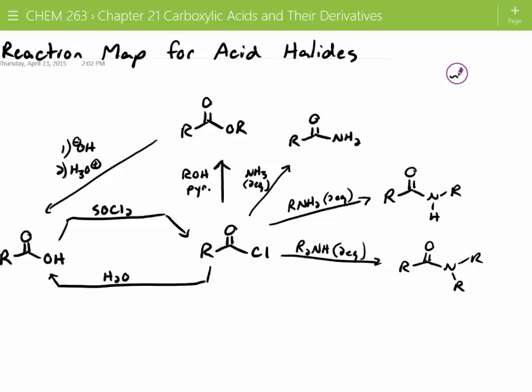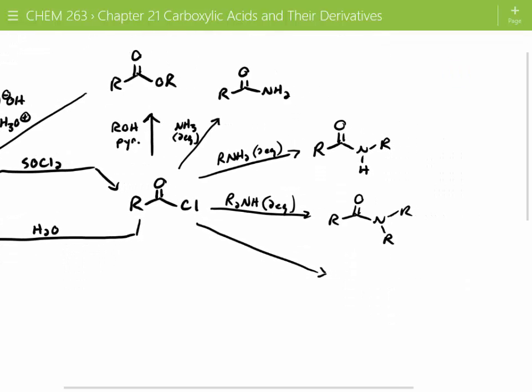Two equivalents. You can't go further unless you hydrolyze it back to the carboxylic acid. And we'll cover reactions of amides and all of these functional groups as we go along.